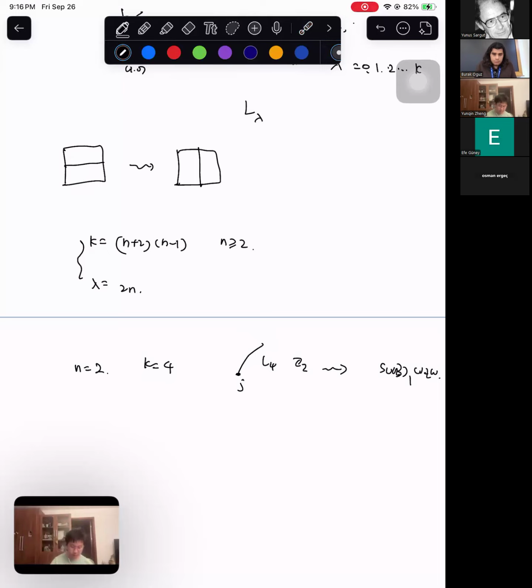Okay, now let's look at another example. n equals 3, k equals 10. In this case, the current is attached to L6. But this L6 satisfies a non-invertible fusion rule. And it turns out that this line can also be gauged away. After gauging, you will get a Spin(5) level 1 Wess-Zumino-Witten model.